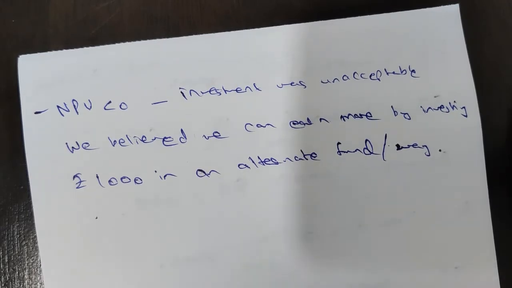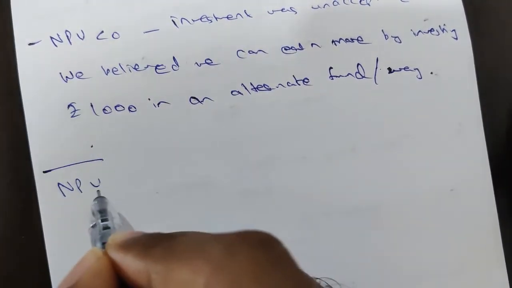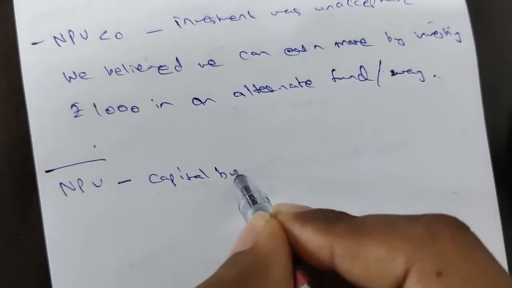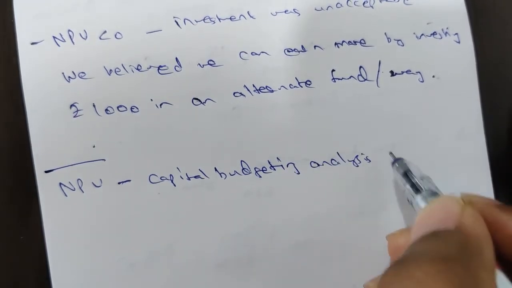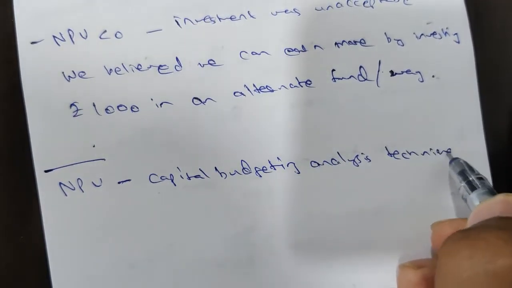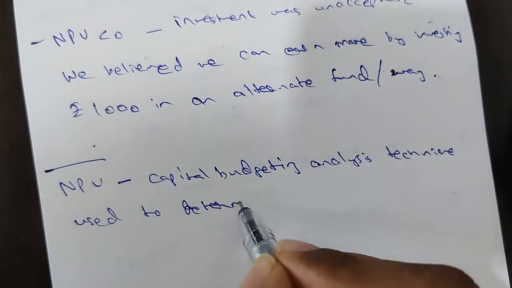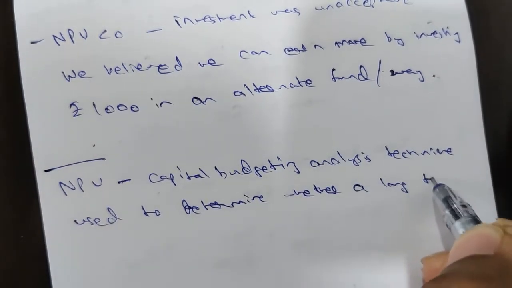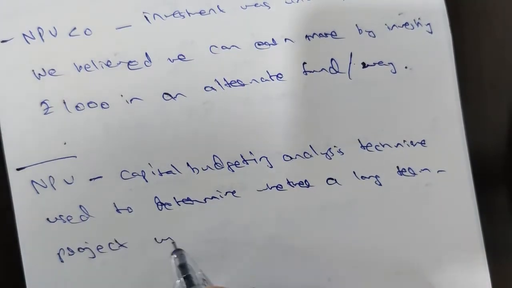But where do we actually use NPV? Before that, let us see the definition of NPV. It is a capital budgeting analysis technique used to determine whether a long-term project will be profitable.